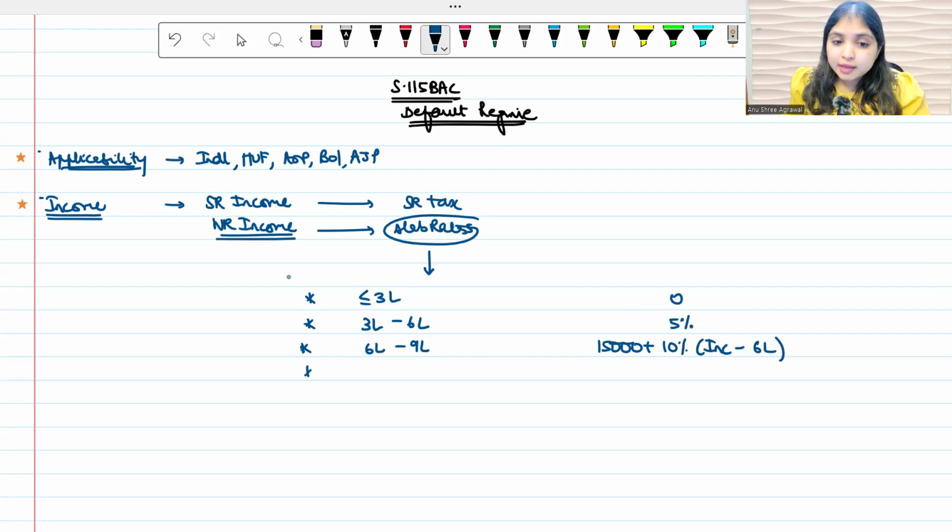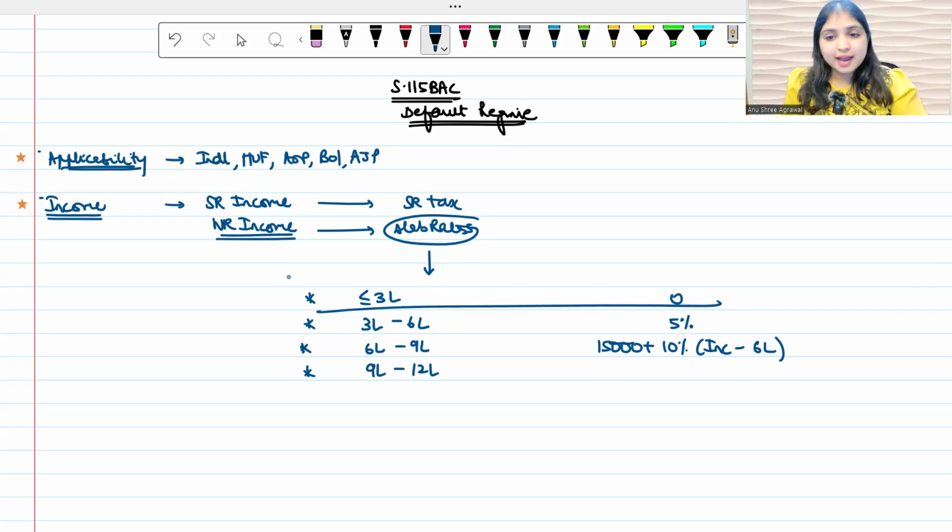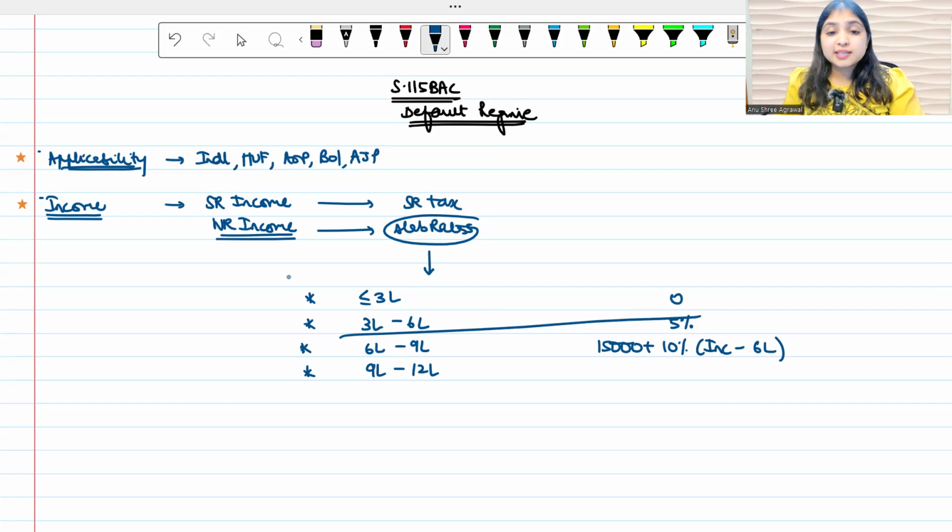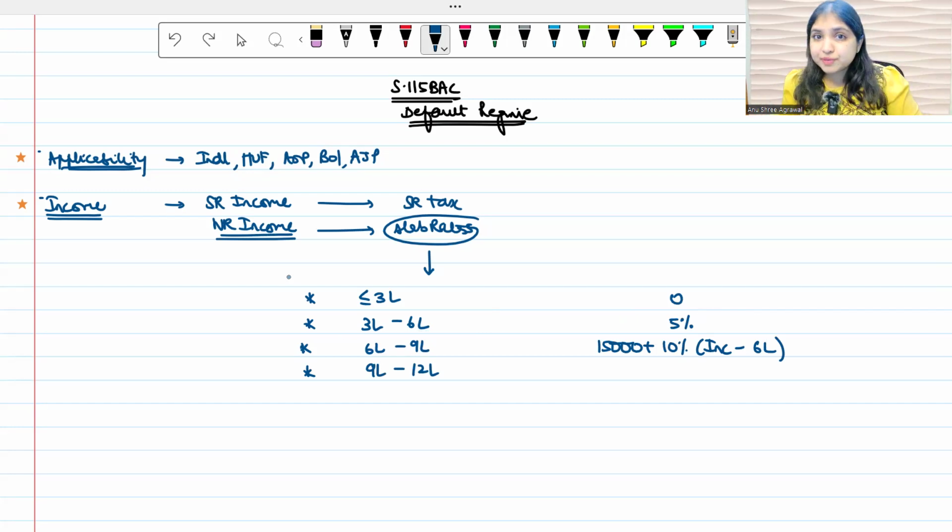Then, if your income is going to fall between 9 lakh and 12 lakh, then income up to 3 lakh, no tax. 3 lakh to 6 lakhs, 3 lakhs income, on that 5% tax is going to be 15,000. Then 6 lakh to 9 lakh, in between 3 lakhs income, on that 10% tax is going to be 30,000. So up to 9 lakh income, you anyways have to pay 45,000 tax, guys. How 45,000?